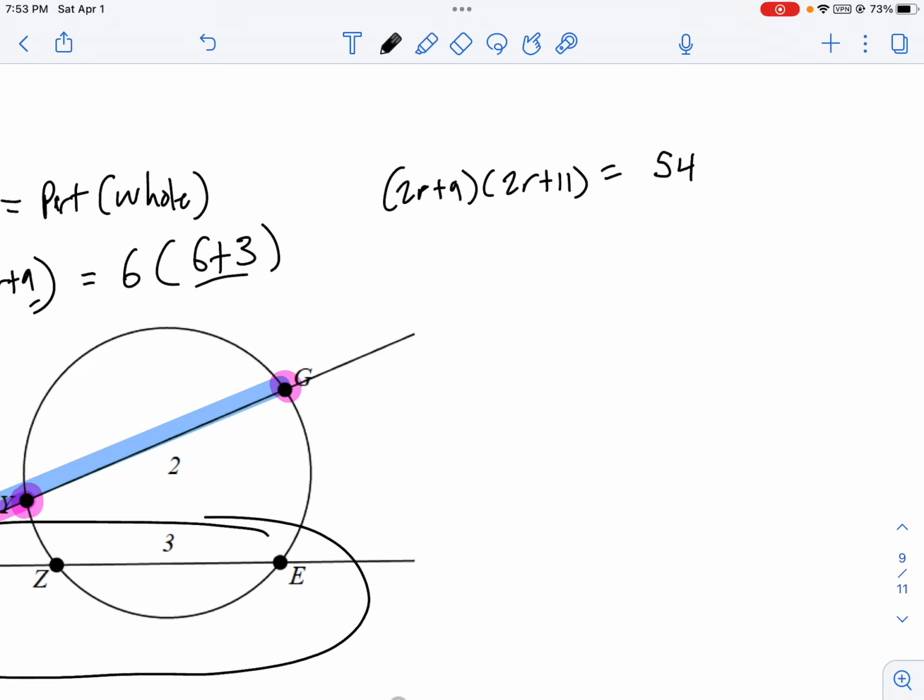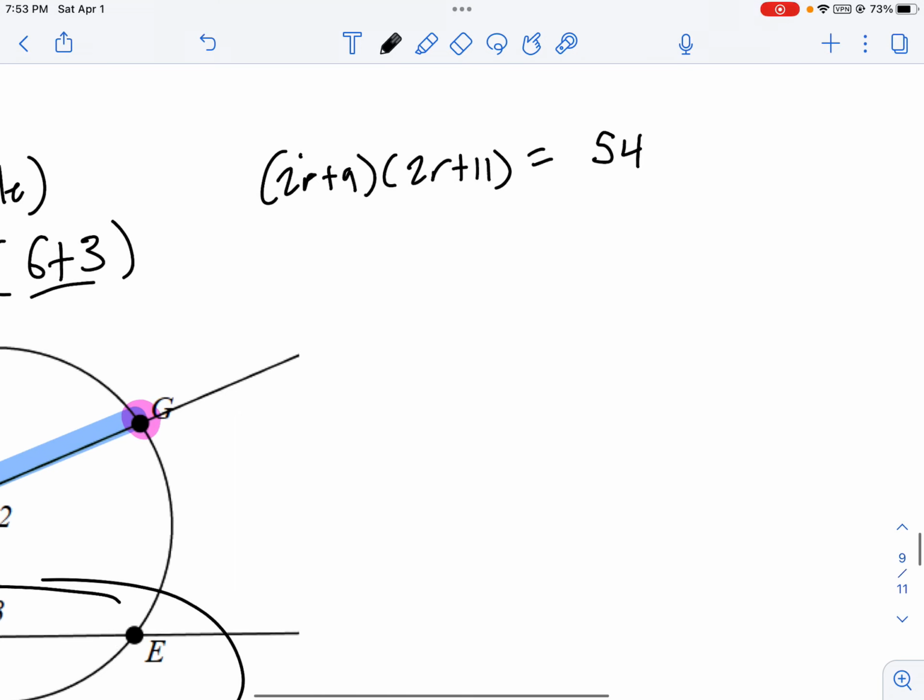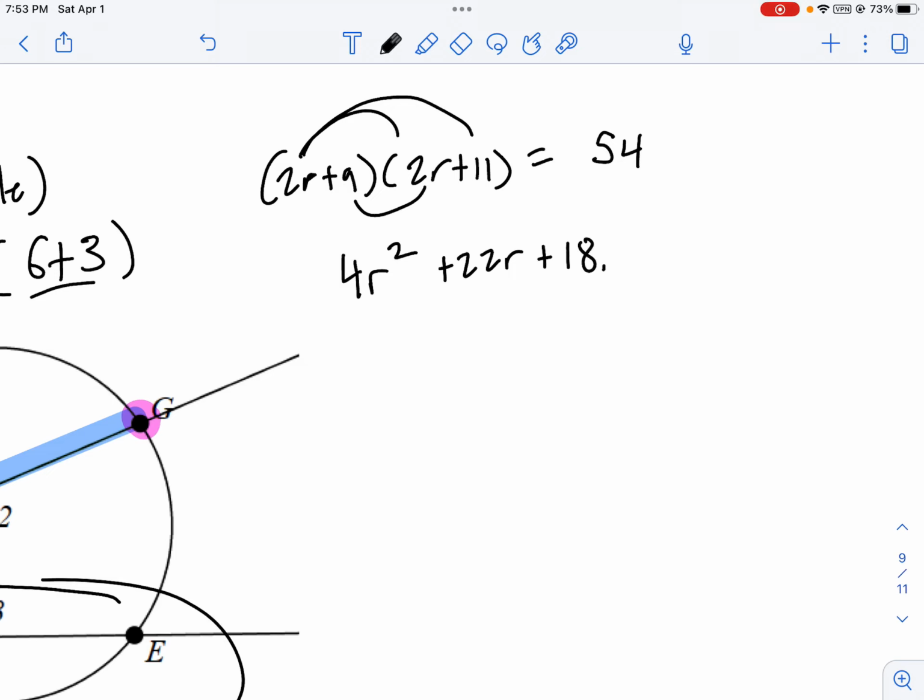Now you might be tempted to set these parentheses to 0, but that only applies if your equation equals 0. It doesn't, which means you have to distribute. So 2r times 2r is 4r squared. 2r times 11 is 22r. 9 times 2r is 18r. 9 times 11 is 99.